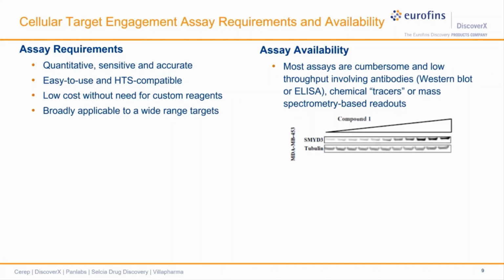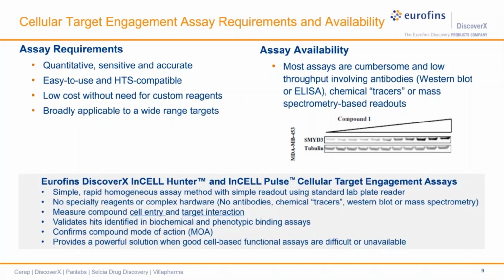Most available assays are cumbersome and low throughput, involving antibodies for Western blot or ELISA, chemically modified compounds, or complex mass spectrometry-based readouts. On the other hand, Eurofins DiscoverX's InCELL Hunter and InCELL Pulse cellular target engagement assays are simple, rapid, homogeneous assay methods with simple readouts using a standard laboratory plate reader.